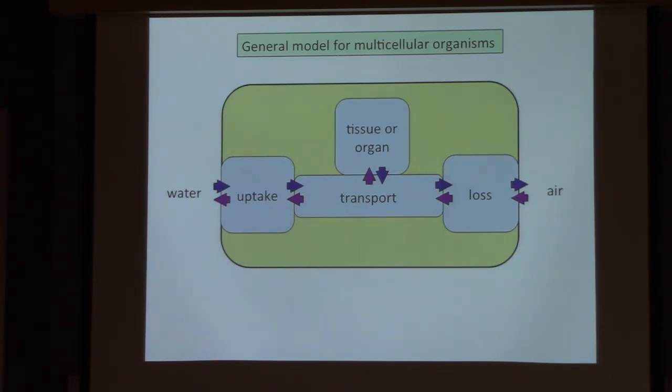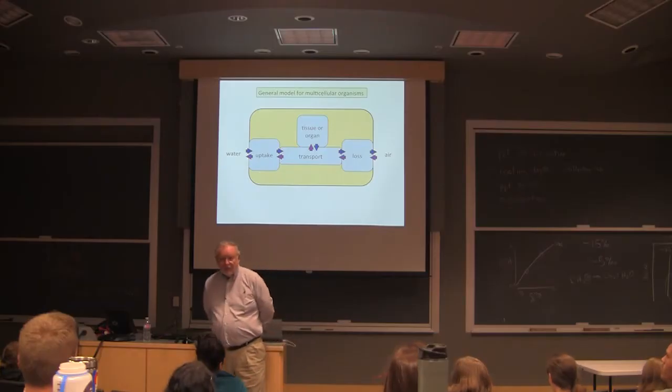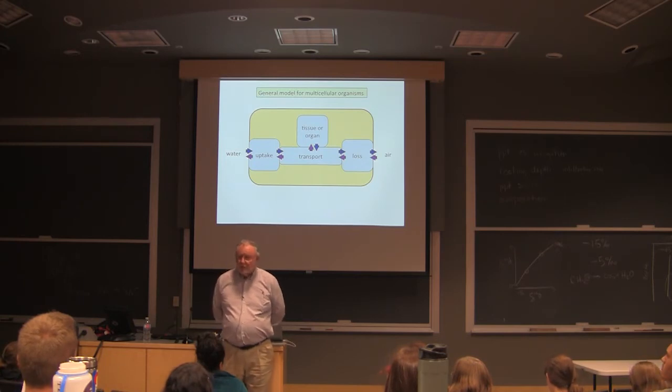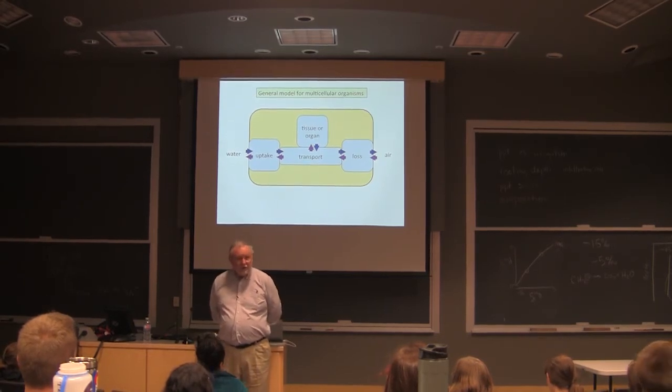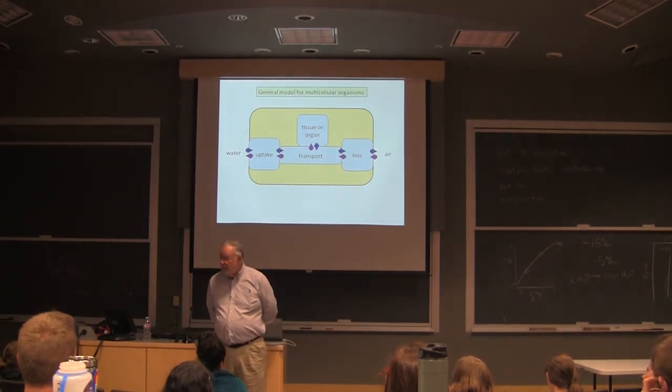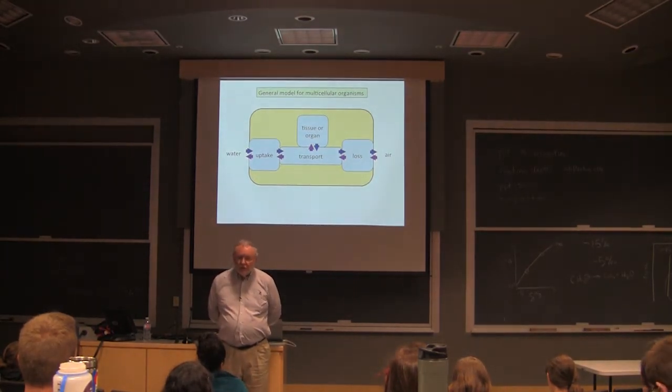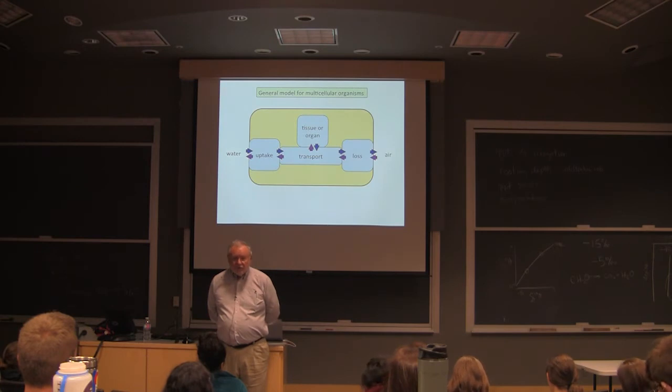And we have regions in which water is lost. So to use this as an example, this might be my gut for taking up water. It might be my lungs or urination for losing water. It might be my muscles for organs. And it might be my veins for how that water is transported.